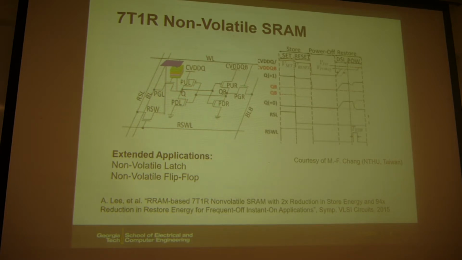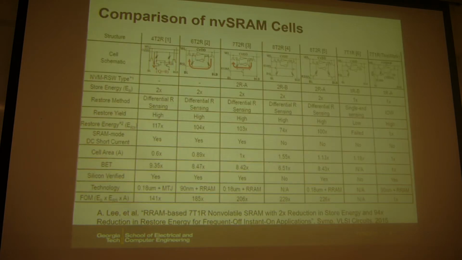In those logic, you always have the flip-flop, right? Actually, in the research community, there are many proposals for the non-volatile SRAM cell with different circuit topologies and combinations, with different numbers of transistors, mostly with 2R, 2 resistors.